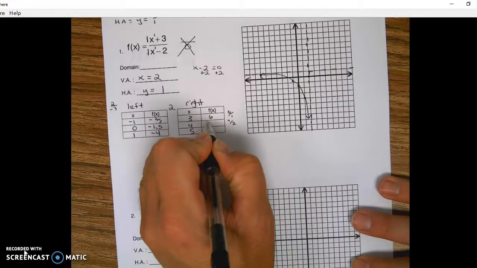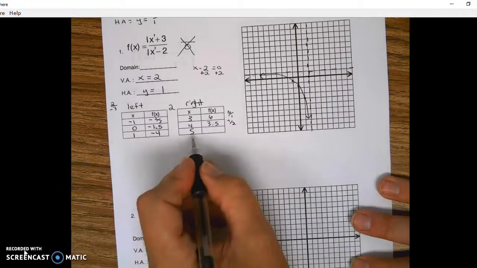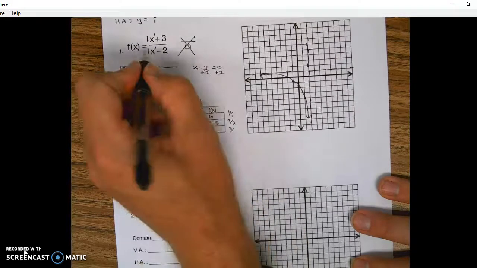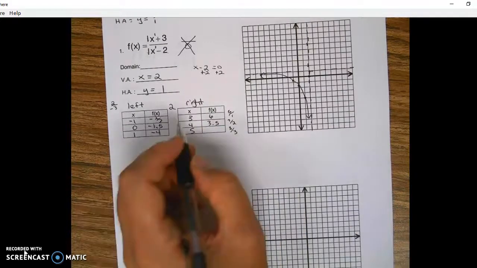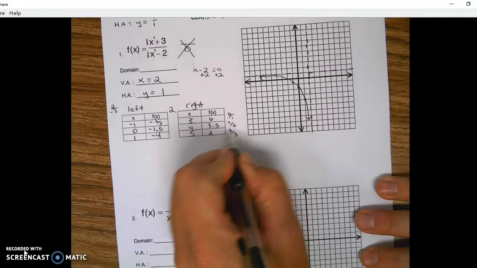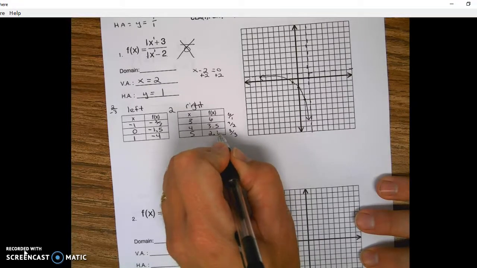So 7/2, or 3.5. Plugging 5 in, we have 8 on the top. 5 minus 2 is 3, 8/3. Which is going to be 2, 3 goes in 8, 6, 7, 8, 2/3. So 2.6 repeating.